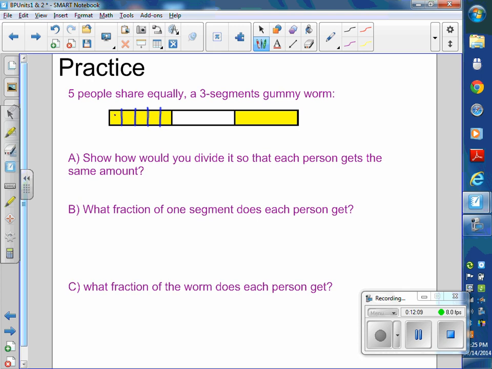We could do Sam and Charlie and Will and Abby and Anna. So if we did that over and over, we would do Sam and Charlie and Will and Abby and Anna. And one more time, Sam, Charlie, Will, Abby, and Anna.